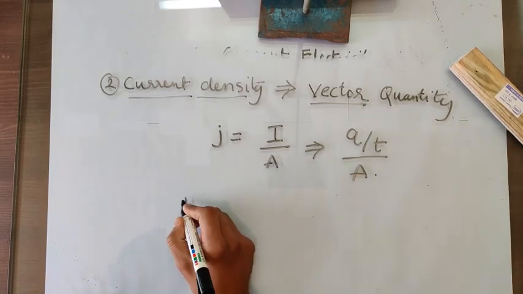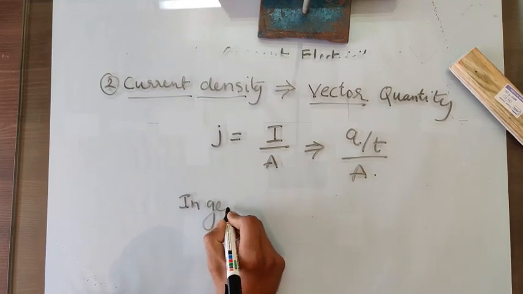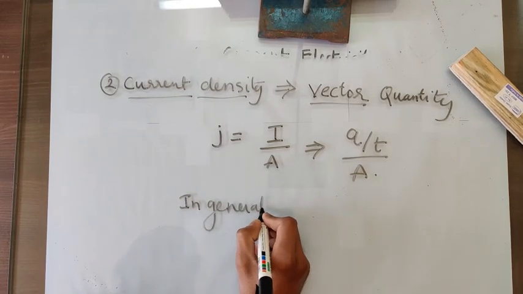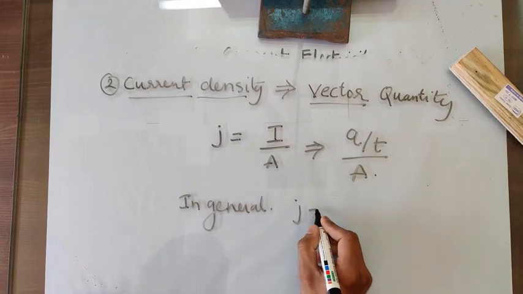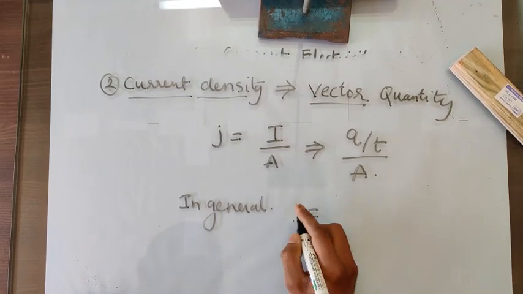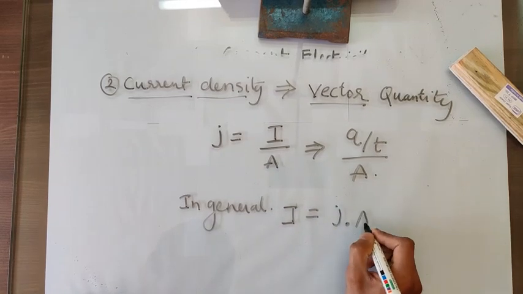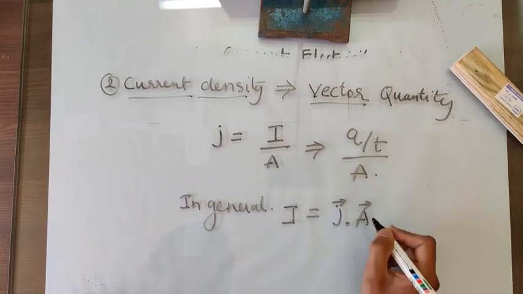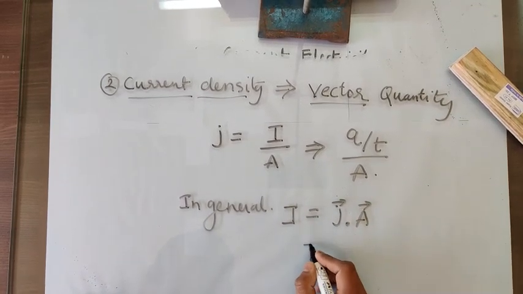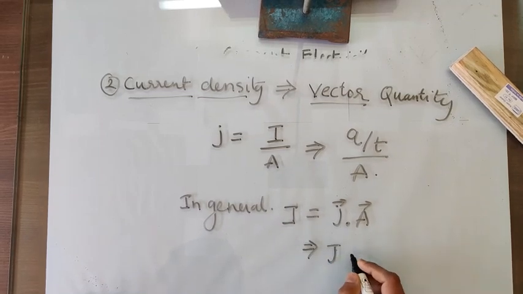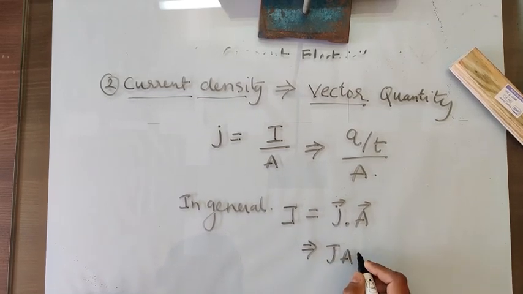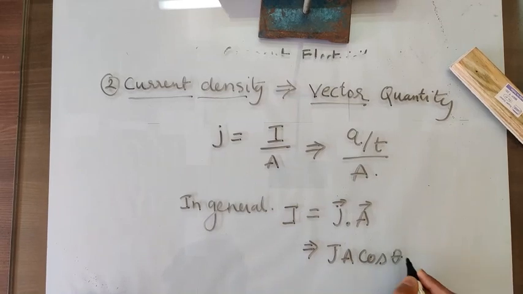So in general form, I is equal to J dot A, or J A cos theta.